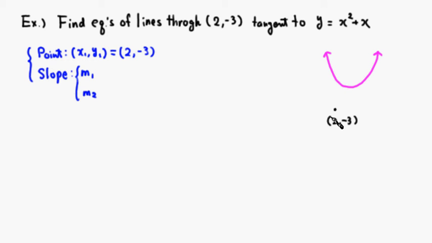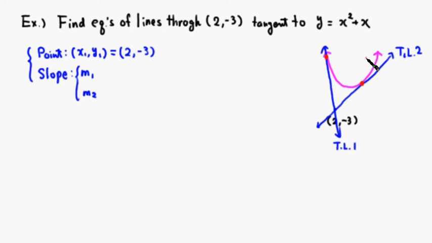The tangent line is looking kind of like this, and here's another one. It's kind of hard to draw. Let's say that's tangent line number 1, and this is tangent line number 2. Here are the points of contact.